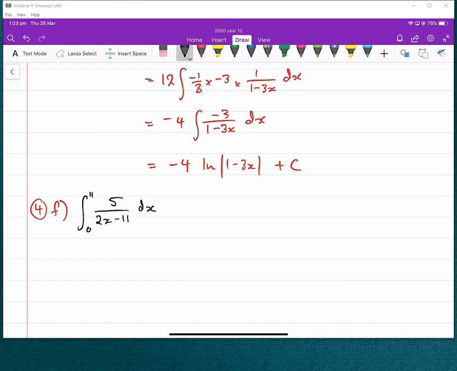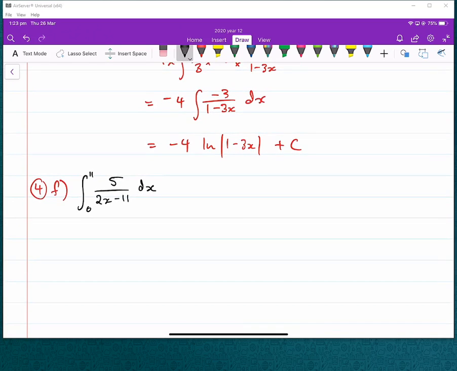So this is our question, and we can see that we have a 2x minus 11, what's going to be in our ln function, and we'll need the derivative of this, which is 2, to be up in front of it.